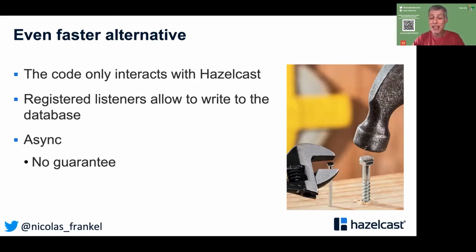If you want to be even faster, what you can do is remove Hibernate and use Hazelcast as your data store. And then you can have listeners that will write to the database asynchronously. Of course, in that case, you are very, very fast, but there is no guarantee.